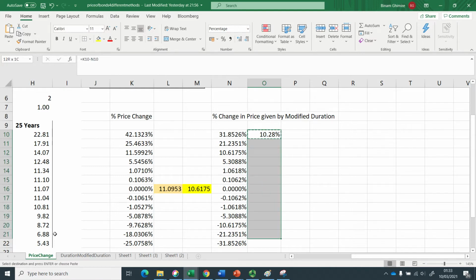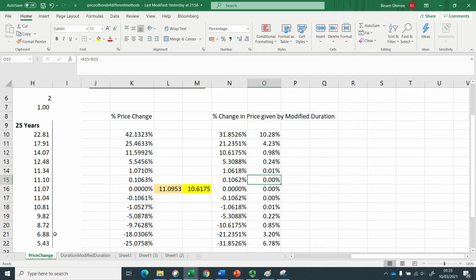So you can see here that when the yield change is small, the percentage price change given by modified duration and the actual percentage price change are here.